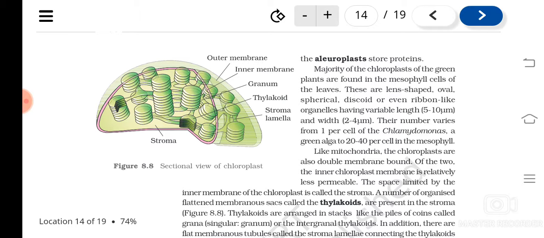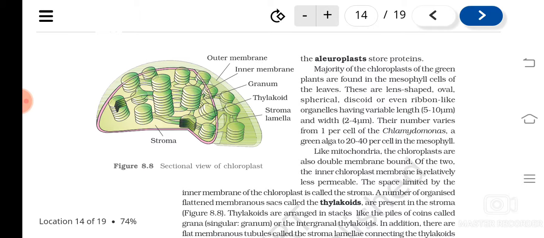For example, Chlamydomonas has a cup shaped one, and in Spirogyra they are ribbon shaped. Their number also varies. In Chlamydomonas there is only one cup shaped big chloroplast, but there can be 20 to 40 per cell in the mesophyll. What are mesophyll cells? The cells of leaves are called mesophyll cells.